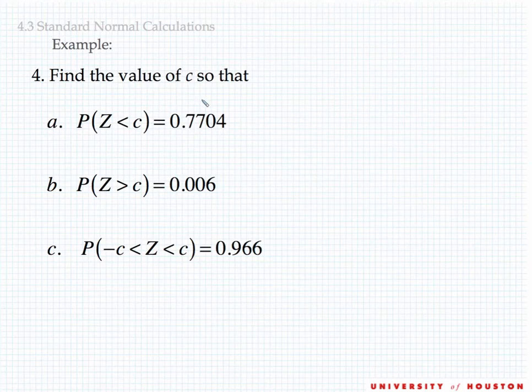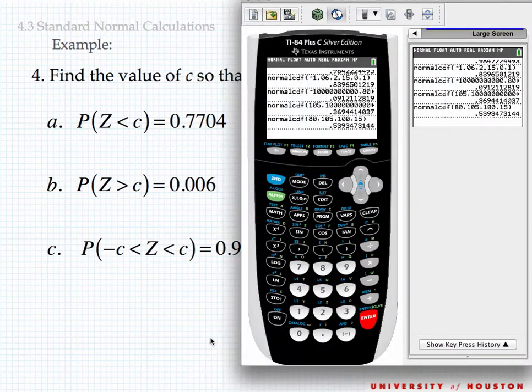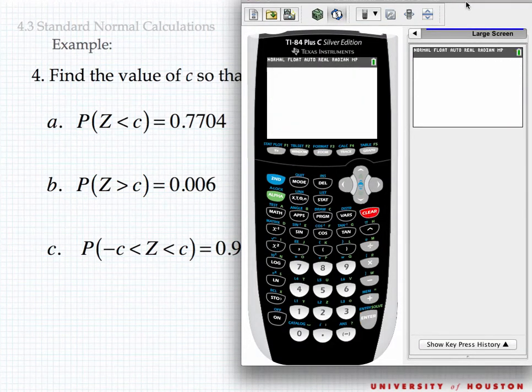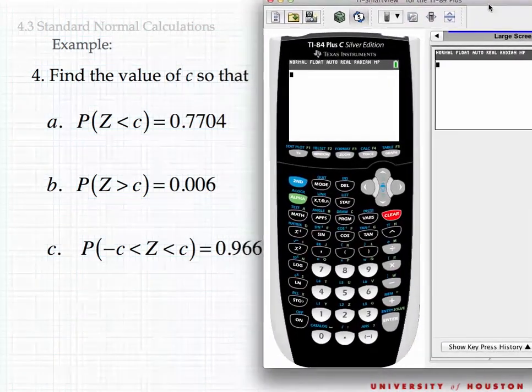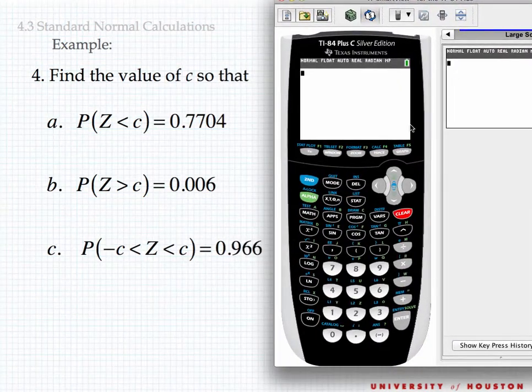So let's find some values. We're going to use the calculator, so we'll input inverse norm, and the values that we're going to input will be the same for RStudio. We would just use the qnorm command instead of inverse norm. Inverse norm is found under the distribution menu.